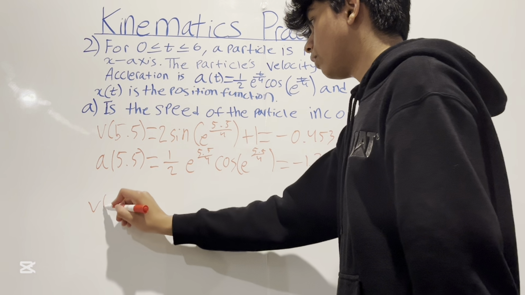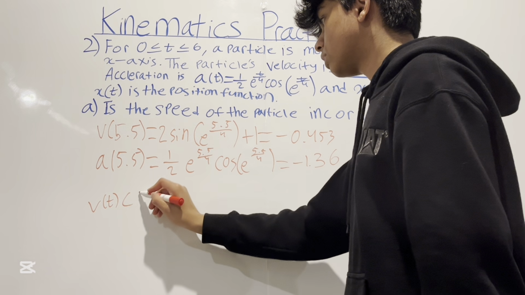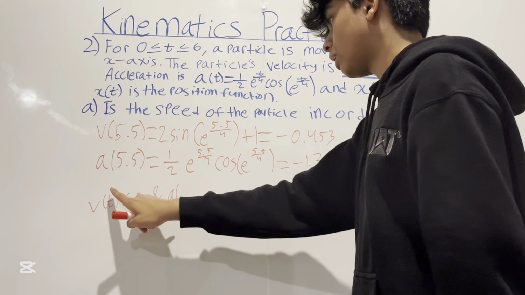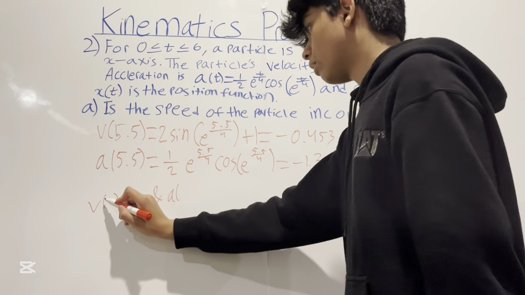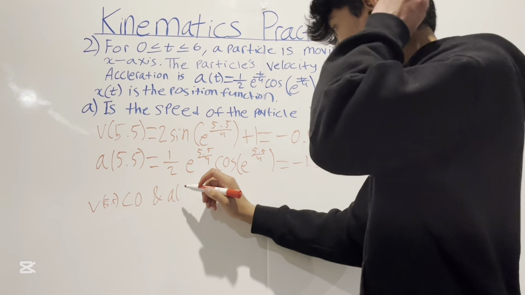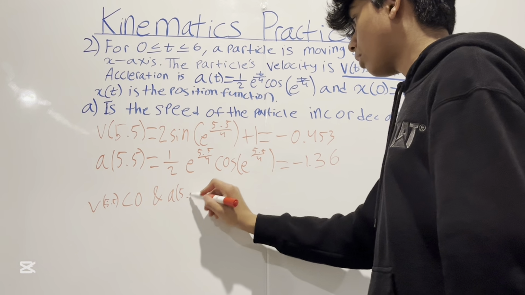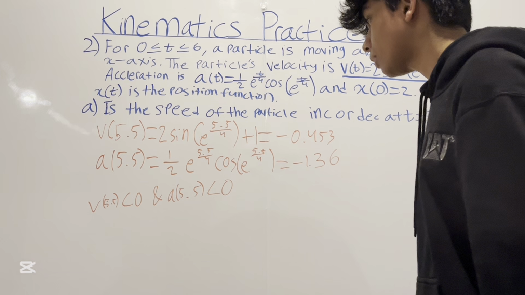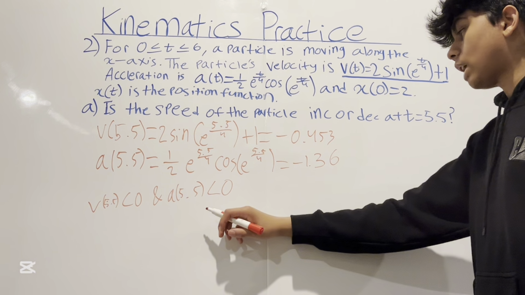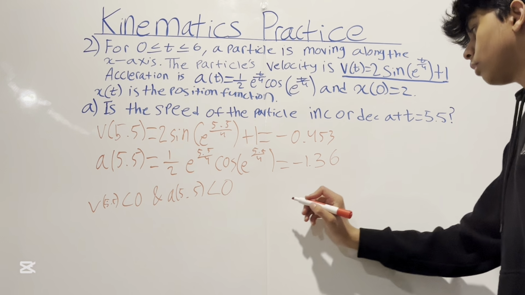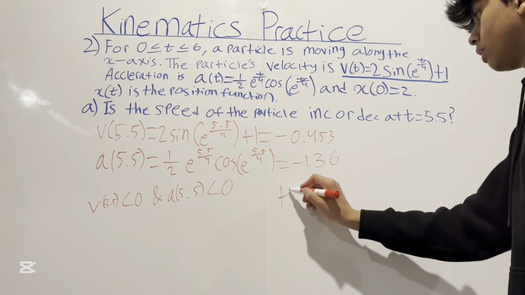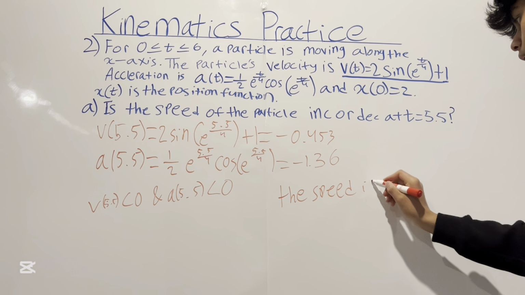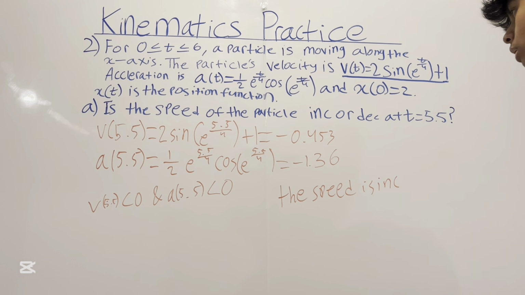So v of 5.5 is less than 0, and a of 5.5 is also less than 0. Since the signs at the same point are the same, we can say that the speed is increasing.